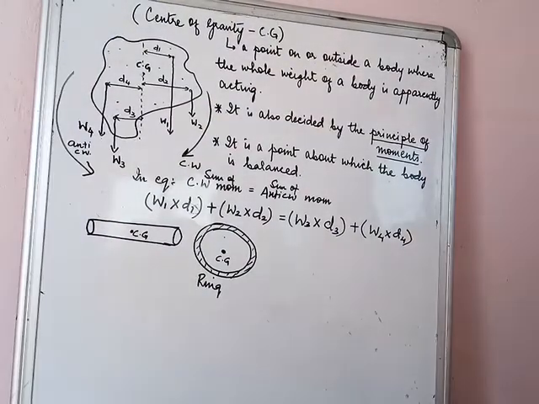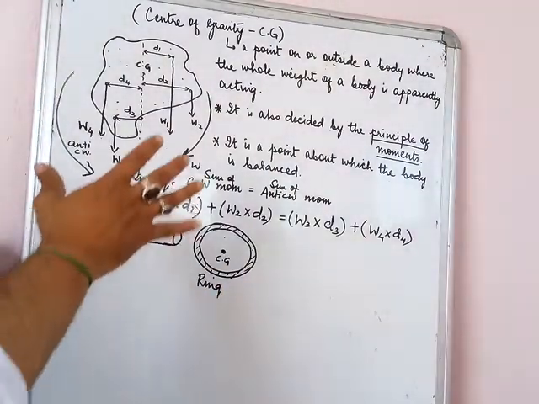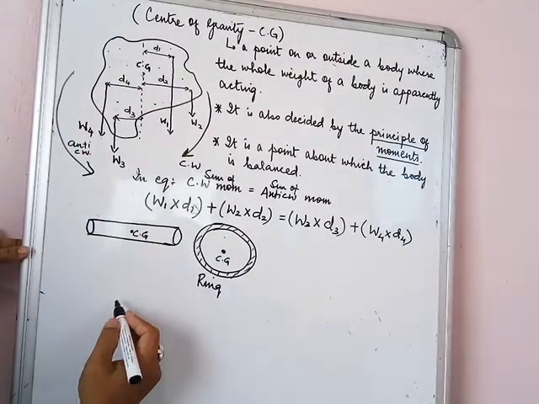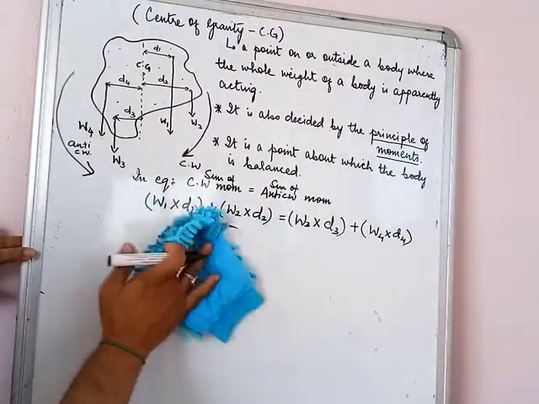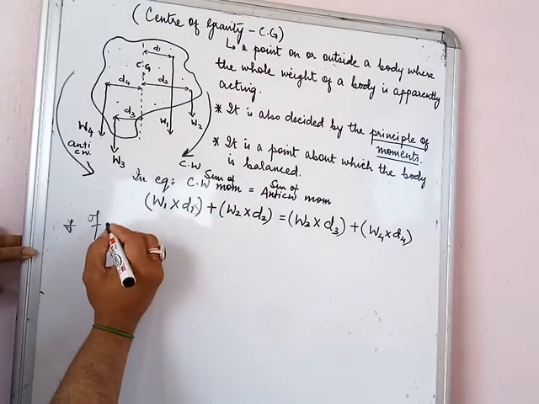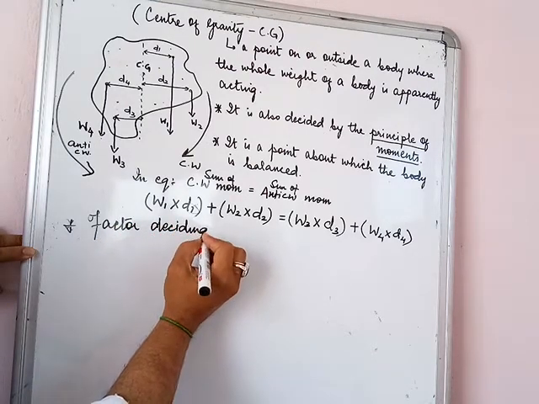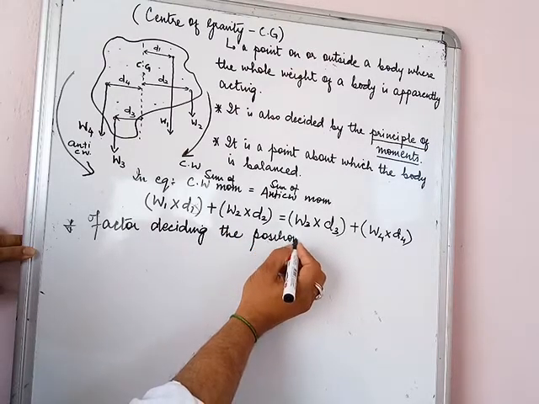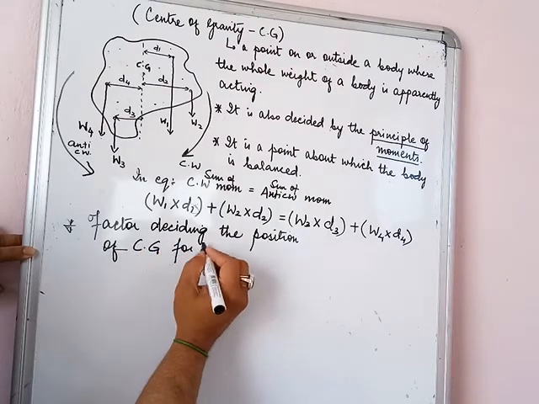Now just to test whether you have actually understood the concept of center of gravity, let me pose one question. What is the factor deciding the position of center of gravity for a body?